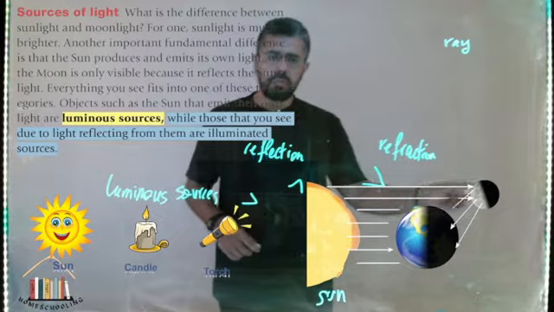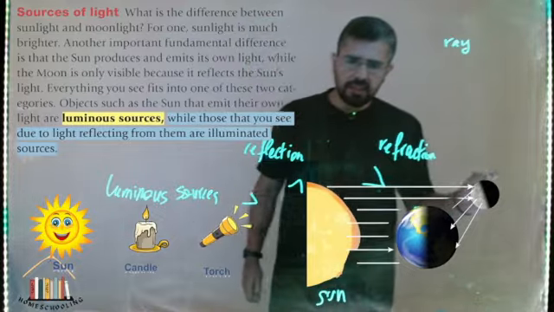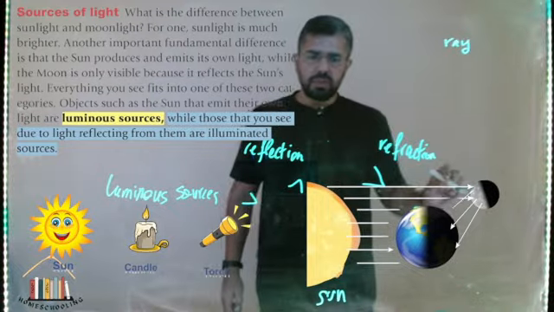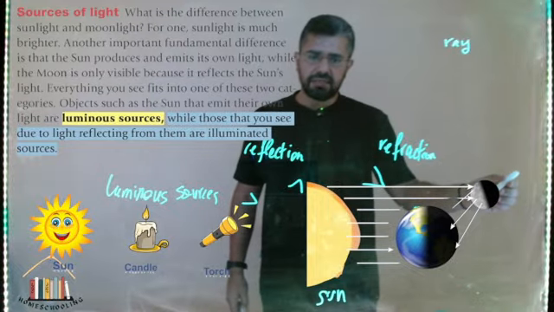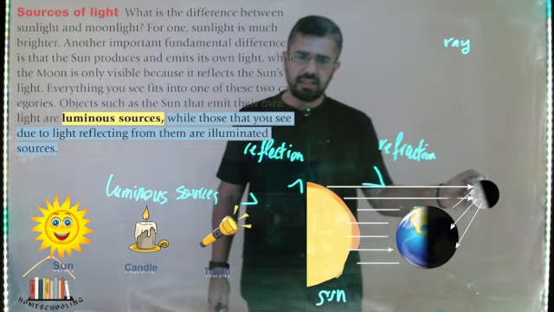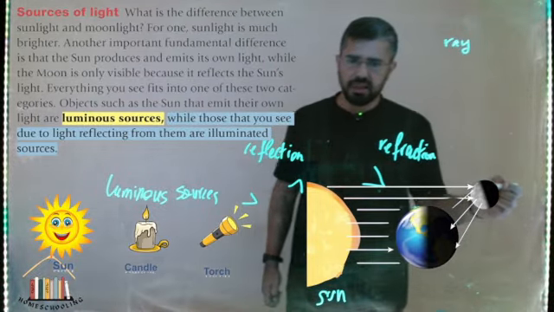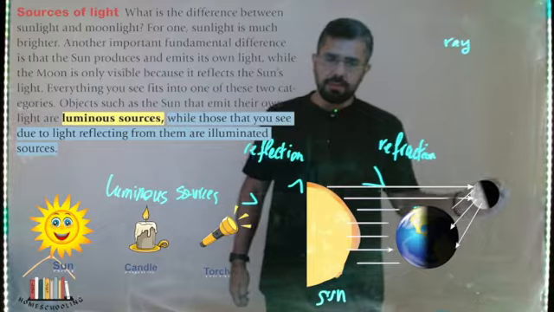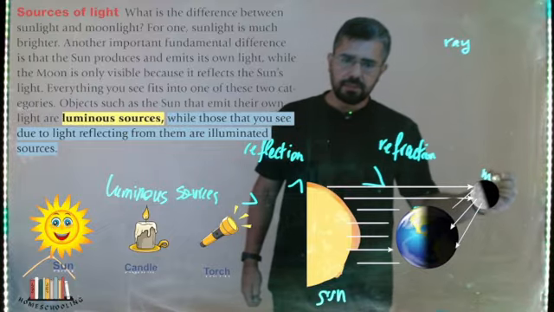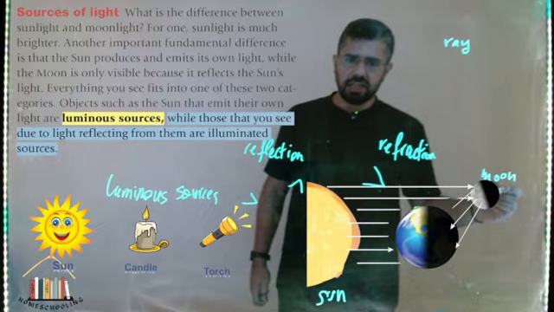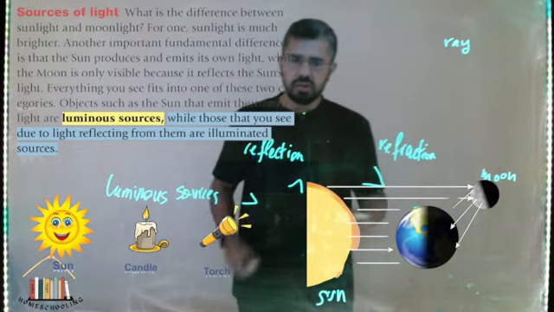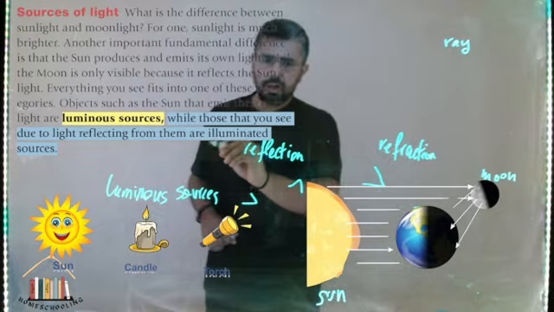What about the moon? Look at the moon. Something interesting is happening here. The moon is receiving the light, but it's reflected back to the earth. It's not a source of light itself. That's what we call illuminated.